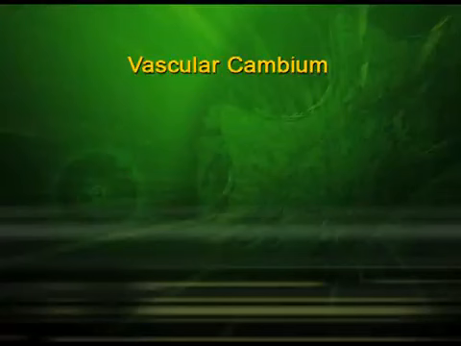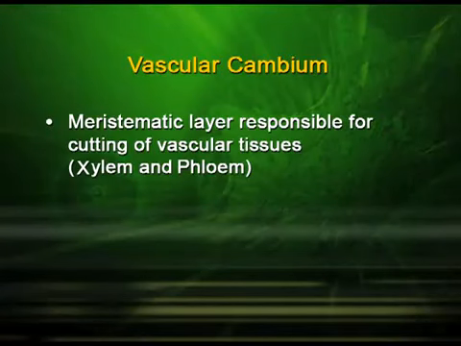The tissues involved in secondary growth are the lateral meristems, the vascular cambium and the cork cambium. The vascular cambium is the meristematic layer responsible for cutting off vascular tissues, that is the xylem and phloem. The formation of cambial ring.